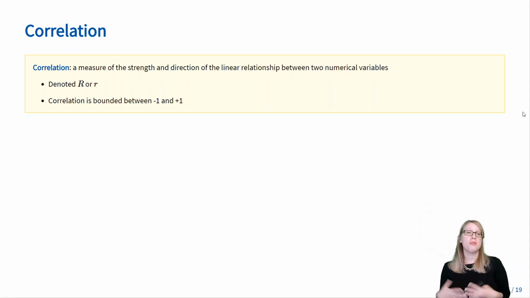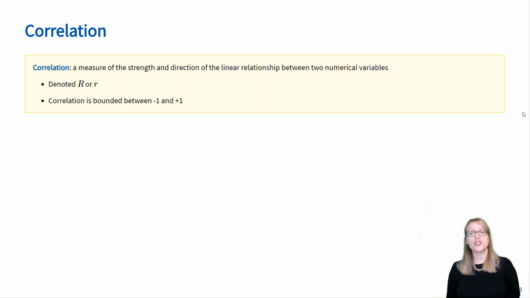Now, if we want to measure, say, what a relationship looks like, specifically what a linear relationship between two numerical variables looks like, we can use a measure called correlation. So correlation here refers to a measure of the strength and direction of a linear relationship between two numerical variables.